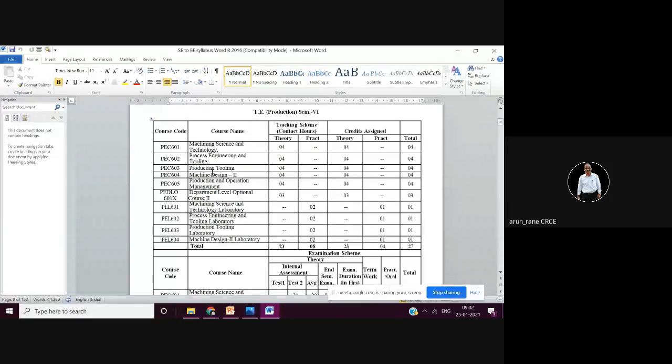Now here, for Process Engineering and Tooling, you will be having 4 classes in a week. This is for the theory, and the course code is PC602. If you want, you can take the screenshot of this.